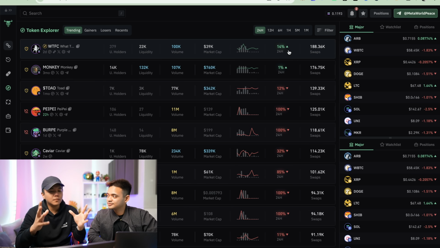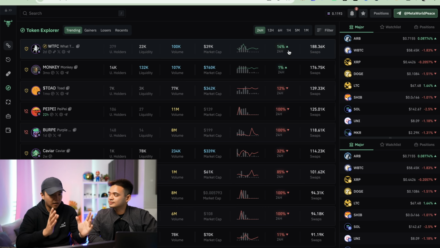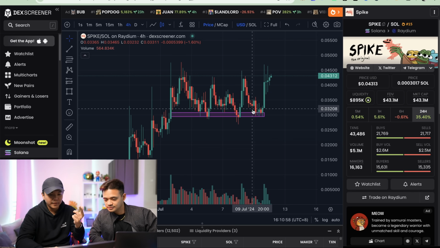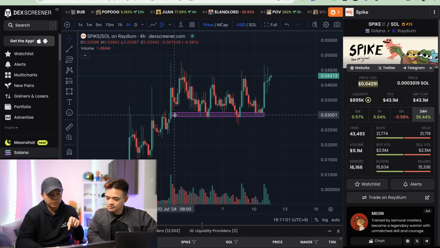Basically, the meme coins that I look at are older meme coins, not necessarily new meme coins. This is where the order block trading strategy comes into play because you need some sort of historical data in the chart for the order block to be formed. For example, Spike. So Spike is talked about in the tweet, right? So you can see that there's an order block being formed here.